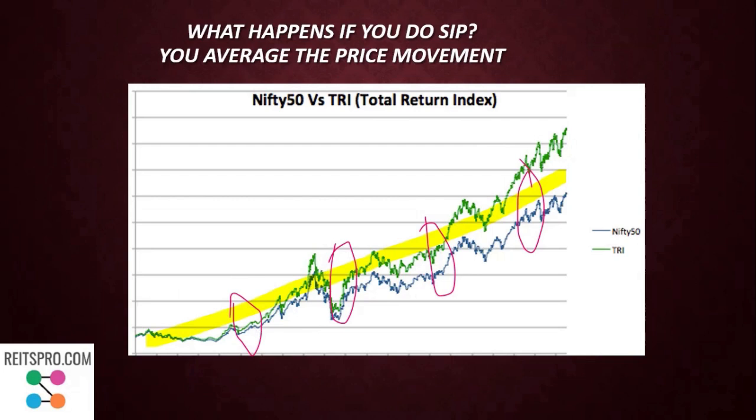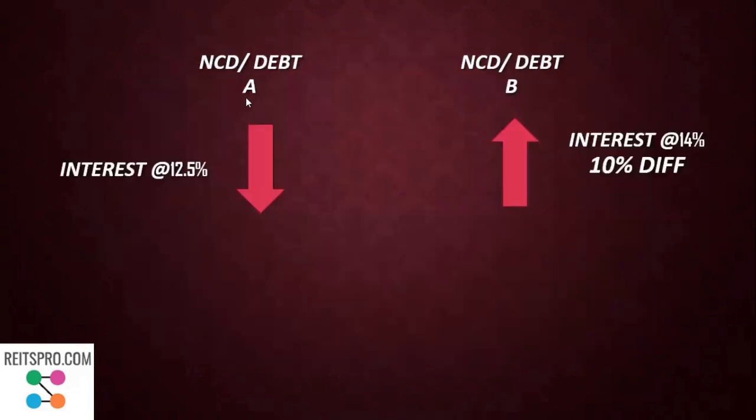Now let's move on to the second part where you have NCDs or debt. Now let's say a debt of A type and a debt of type B. So there are two types of debt. Let's consider that it's all equal. The parameters are pretty equal in this. In the first one, you get an interest of 12.5%, whereas in the second one, you are getting an interest of about 14%.